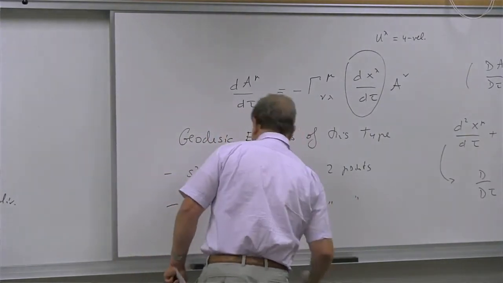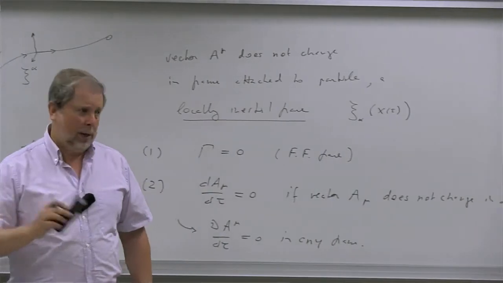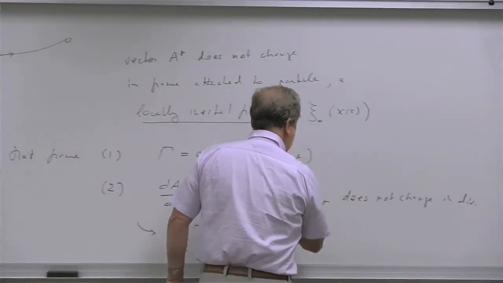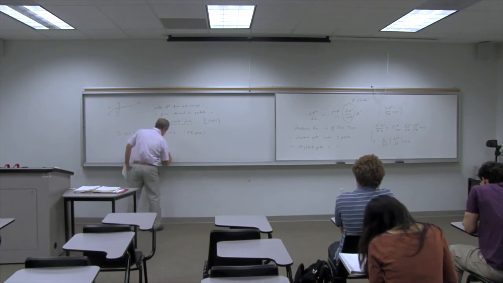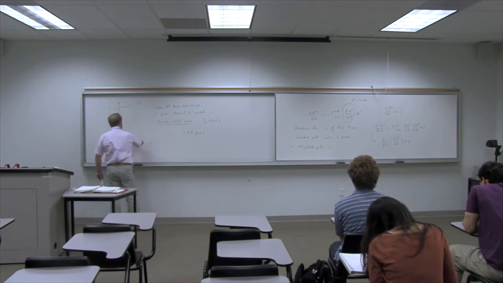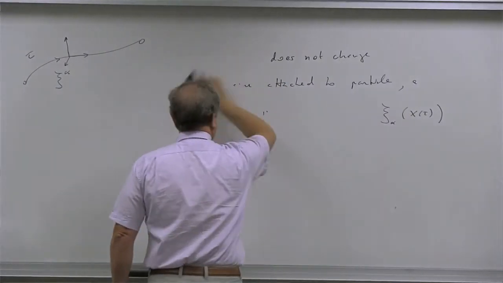between 2 points. So the geodesic corresponds to a line where the velocity, the 4 velocity, is not rotating in the frame that is attached with the particle.